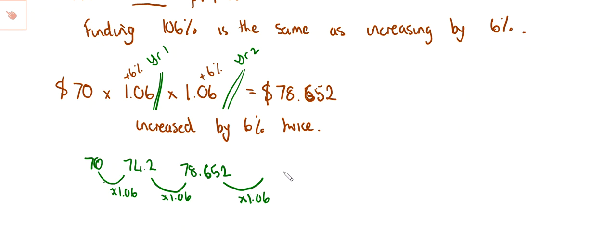If I times by 1.06 again, I get, did you do it? Can you do 78.652 times 1.06 for me on your calculators? Whenever I say do it on your calculator, you want to be quick at it, like when you text on your phone, the quicker you get. 83 point.